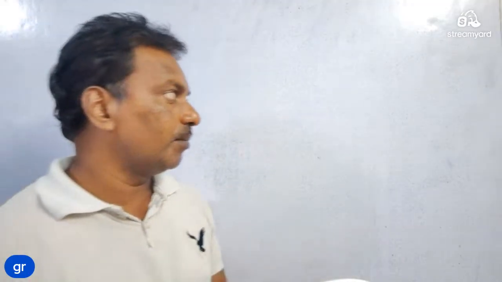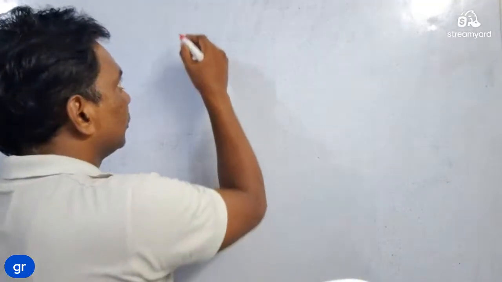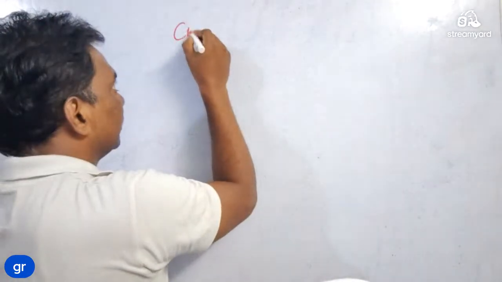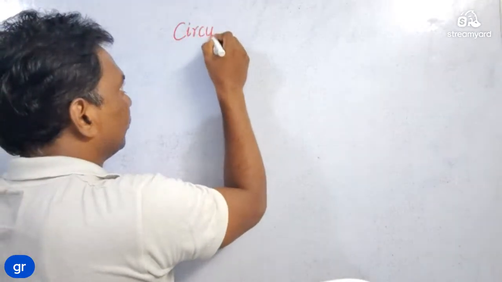Now we are going to discuss activity 1, pulse. What is pulse? This is the first question. It may be a 2 marks question. Our chapter name is circulatory system.